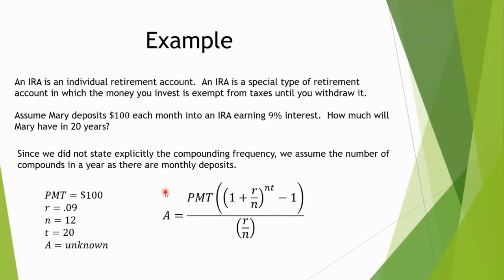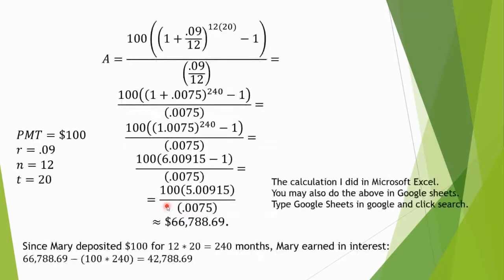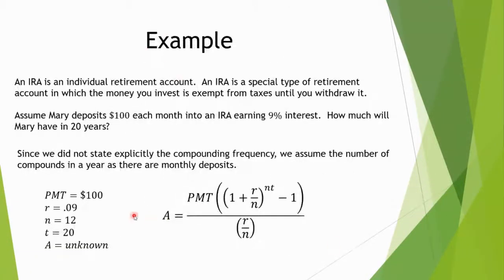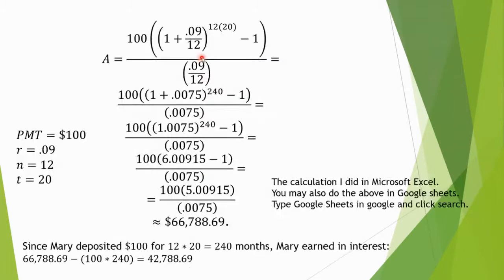So now we have to calculate A. This is the calculation. I plugged the parameters into the formula. That's how we got the top line here. You could do this in your calculator if you want. Basically, what I would do is handle the top and bottom, the numerator and denominator, separately.